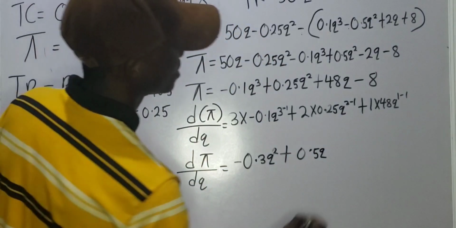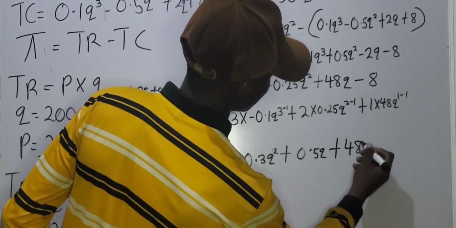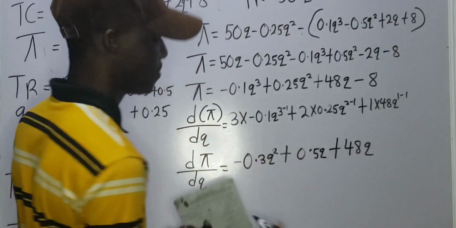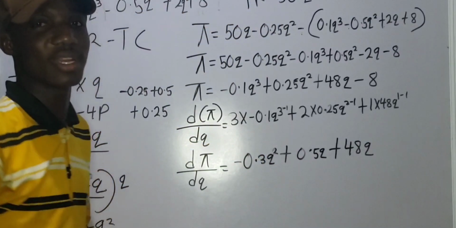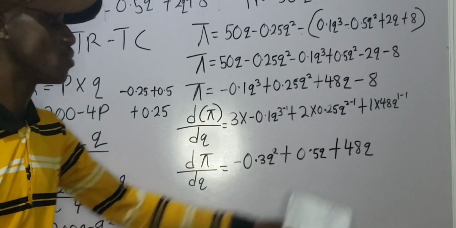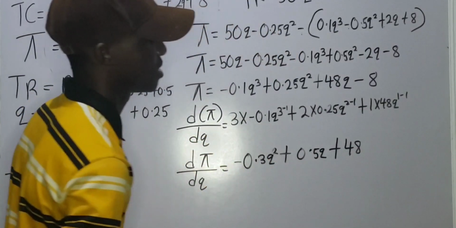And for this I'm going to have 48, because by the time I take the difference of the power, 1 minus 1, that is 0. q raised to the power of 0 is what? 1. Sorry, this q is not supposed to be there.